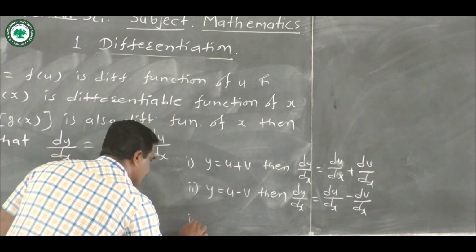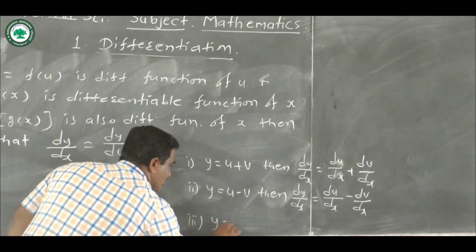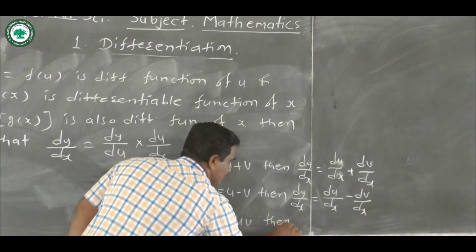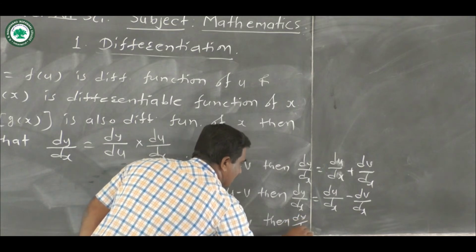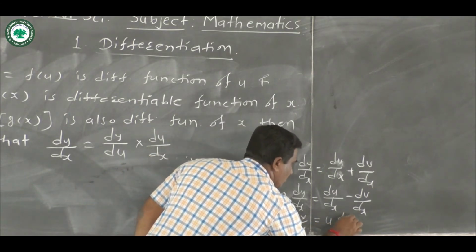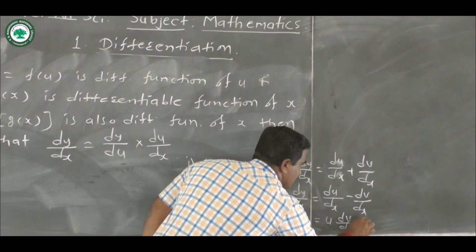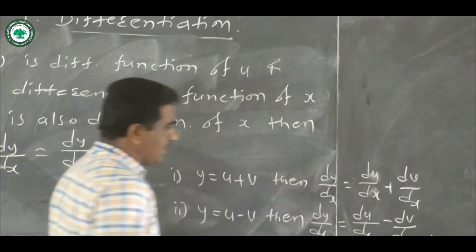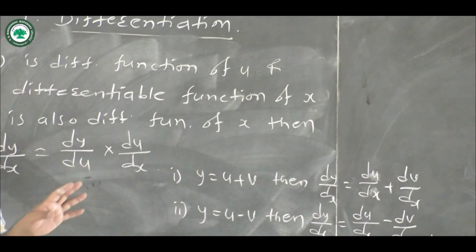Number third, y is equal to u into v, then dy by dx is equal to u into dv by dx plus v into du by dx. This is called the product rule of derivative.